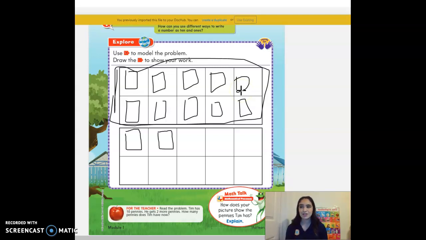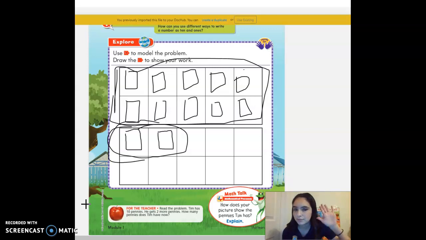So that means I can start at 10 and then count on the 2 cubes on the other 10 frame to get a total of 12. So I know I have 10 up here, so that's 10 plus these bottom 2 is equal to 12. All right, so how many pennies does Tim have now? Great job. He has 12 pennies.